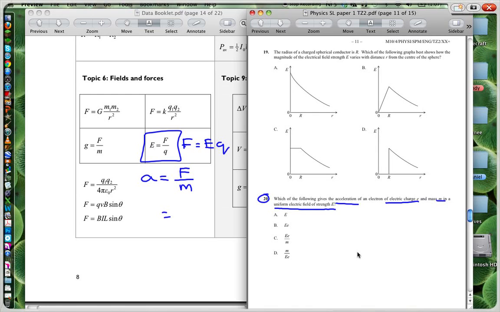So if we put that into there, we're going to get EQ over our mass. And because we're dealing with an electron, our charge Q is actually e, so this will equal Ee over m. And so for question 20, the answer is C. Sorry, it's not F. It's the E over here, like that. So it's 20 there.